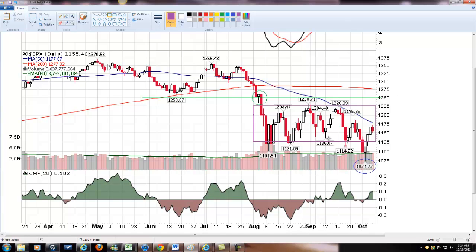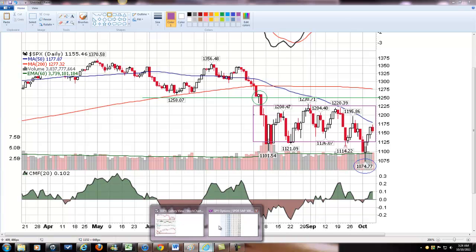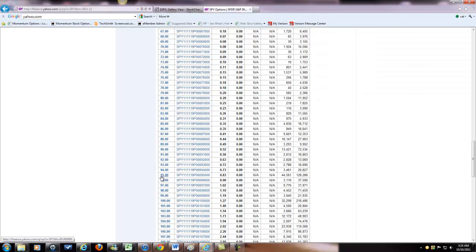we could also reverse and zoom back up to test some of these levels. I'm not saying that's going to happen, but it looks like the headline news is coming in better, and we are going to get a resolution on Greece. So to play the breakout, you would just come back over here and look at the calls.